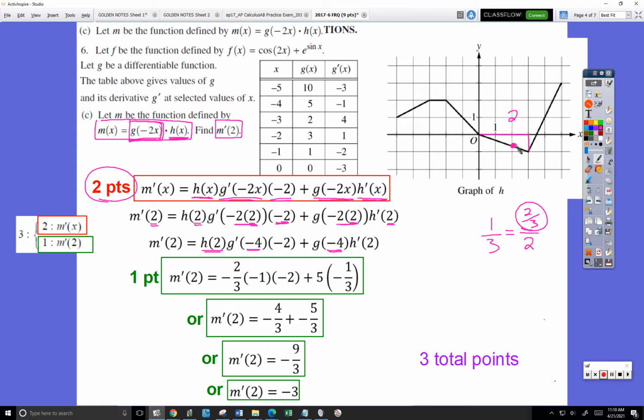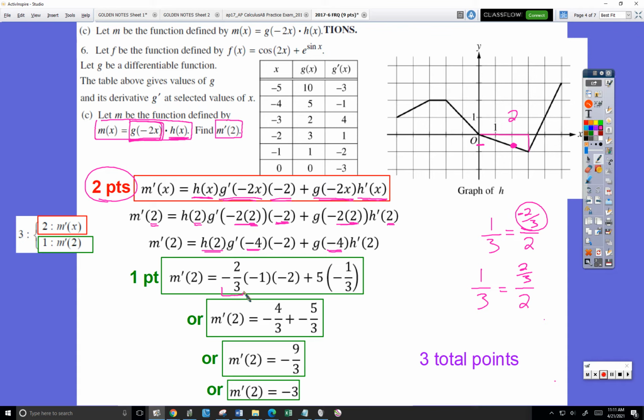So this is at 2/3 negative, which you can kind of see right there. So once again, I'm going over 3 and I'm going down 1, which means if I only go over 2, I can only go down 2/3 because 2 is 2/3 of 3. So I can only go down 2/3. There, I got that. I have to find the 2/3.